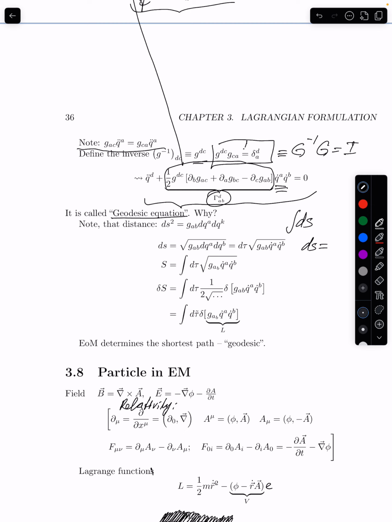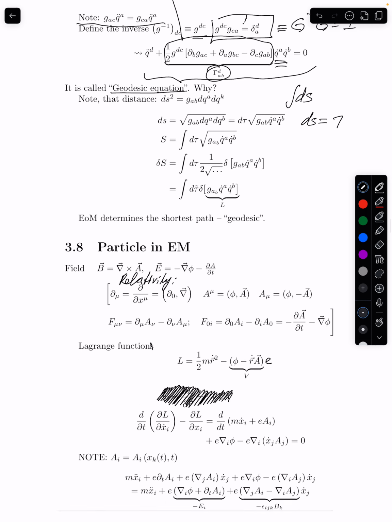Before, when we dealt with just a two-dimensional system, ds was given by dx squared plus dy squared. But when we have Riemannian geometry, we have a little more complex construction, where G is this metric tensor, a symmetric invertible matrix. We can take the square root and we obtain this.